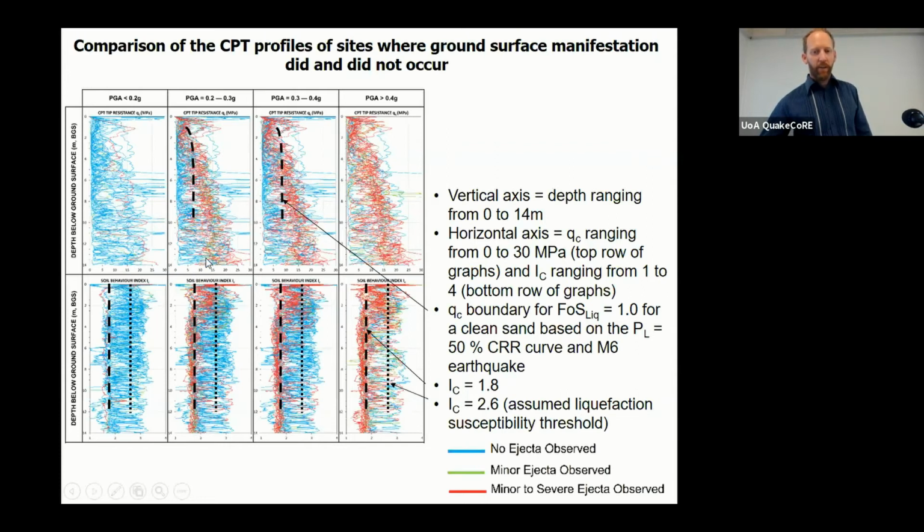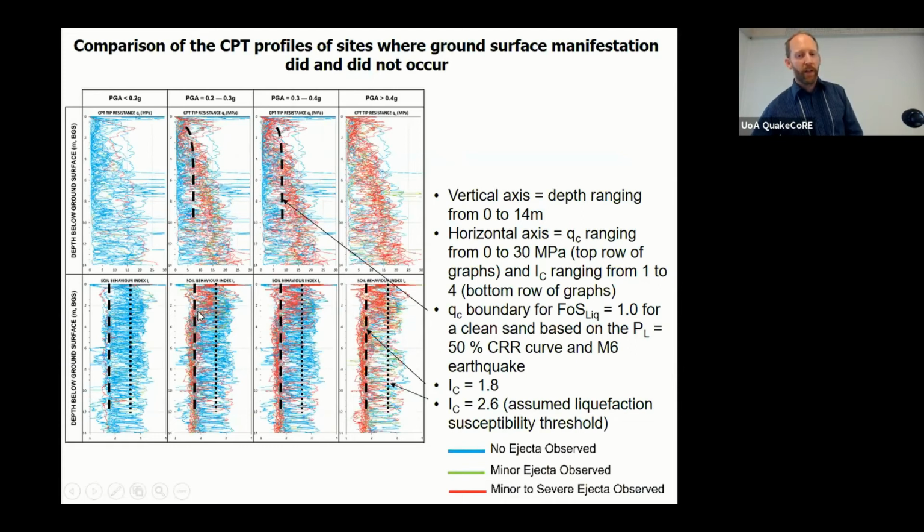The difference between the soil profiles that are liquefying and aren't liquefying, which is the difference between the blue and the red, really shows up in this bottom set of graphs, where the soil profiles that are liquefying and causing a manifestation at the ground surface, a lot of damage, are soil profiles with thick, clean deposits of sand with I sub C values of around 1.8 or less.